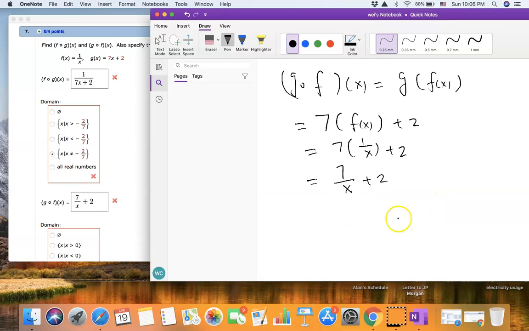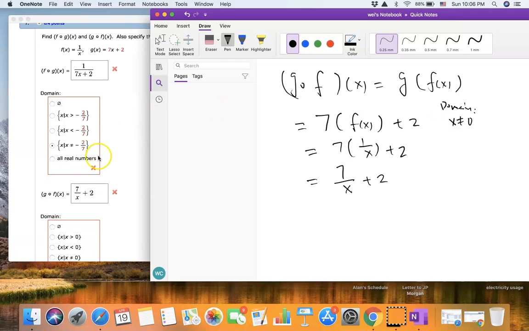Now let's take a look at the domain of this function. Since here we have a 7 over x, when x equals 0, this term will be undefined. So the domain of this function is every number except 0.